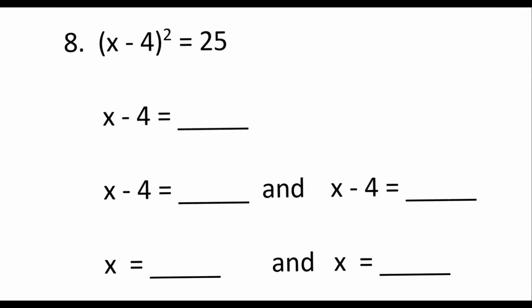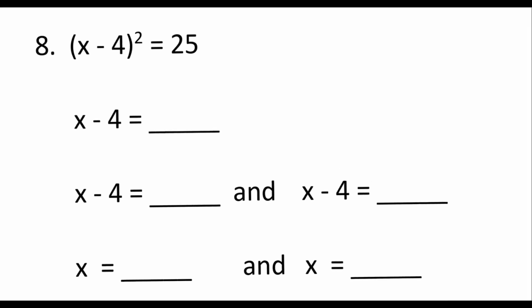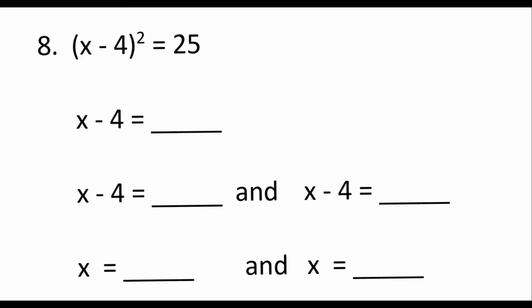Now, number 8. Moving right along here. As you can see, we've got x minus 4 squared equals 25. So what we need to do is take the square root of both sides of this, and what we're going to be left with is x minus 4 equaling 5 and negative 5, plus or minus 5.